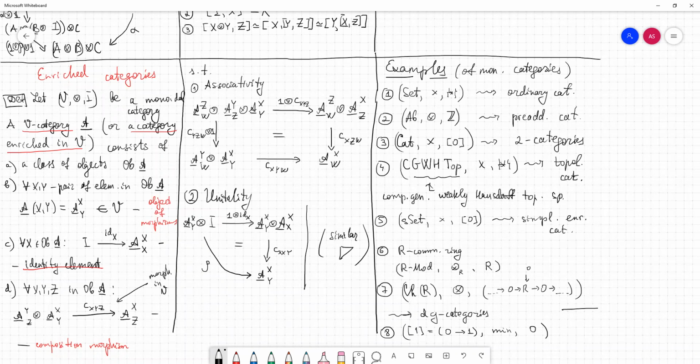My last note on this page: all these examples are closed symmetric monoidal categories that are bicomplete.